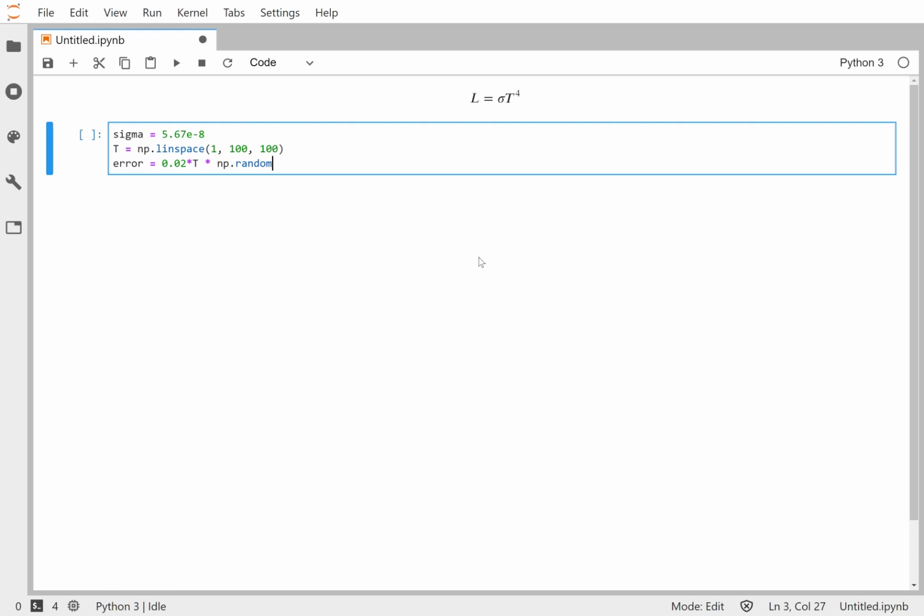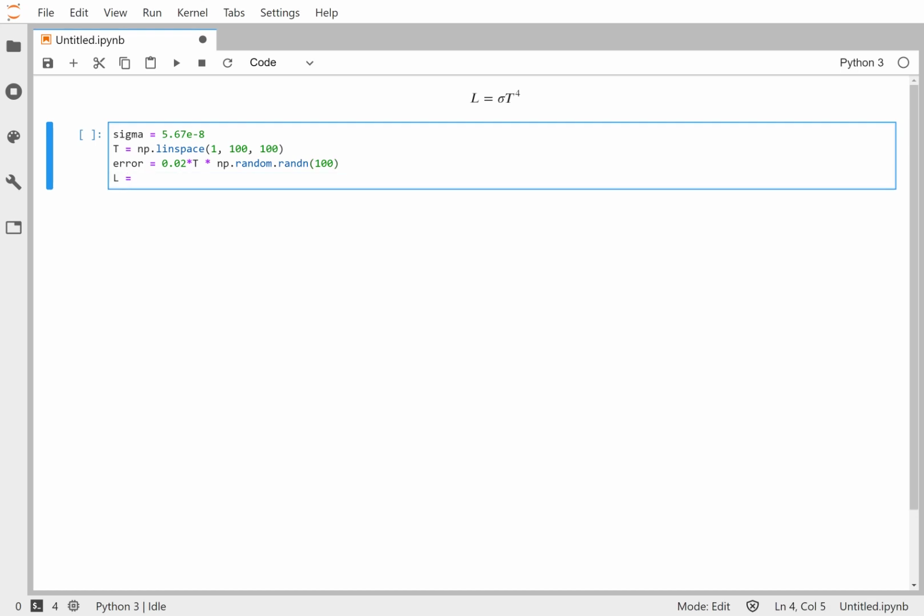So we'll do np.random.randn, and we need 100 of those random numbers. Okay, and so this is going to give us values with a standard deviation of 0.2, a little bit higher, a little bit lower than the actual temperature. And then we can calculate our noisy luminosity.